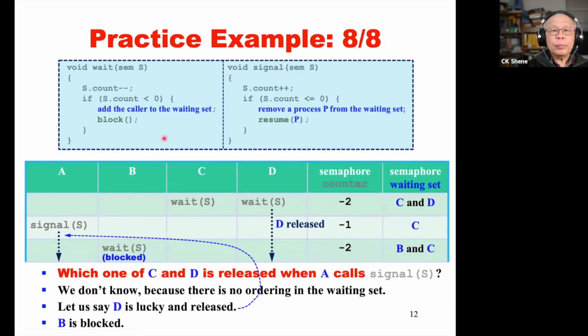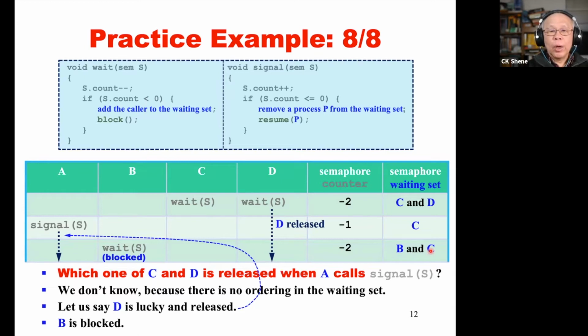Then this condition is satisfied. Therefore, the caller is added to the waiting list and blocked. So B is blocked and put into the waiting set. So at the end, we have B and C in the waiting set.